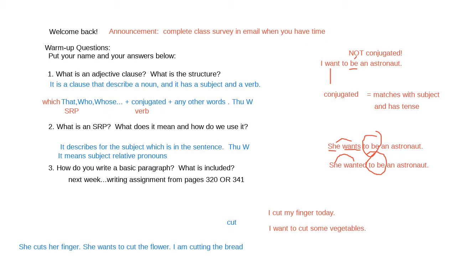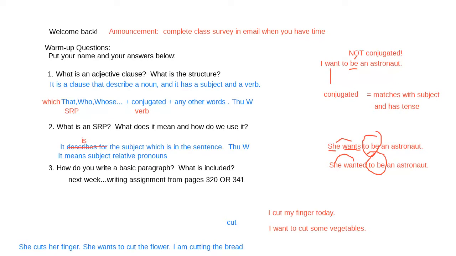Okay? And number 2 says, what is an SRP, subject relative pronoun? What does it mean and how do we use it? Basically, it doesn't describe a subject. I'm going to change this a little bit. It is a subject in the adjective clause.